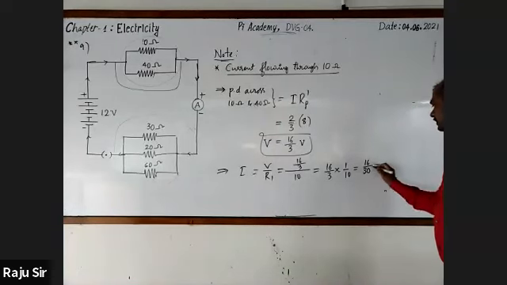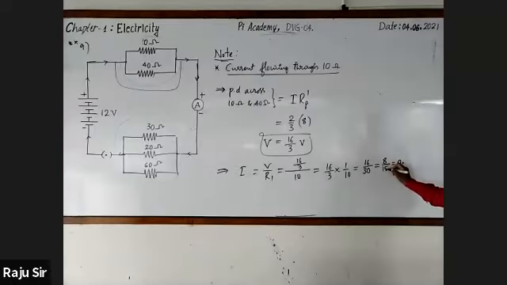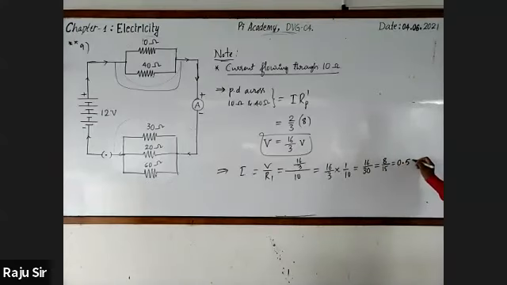We cancel it. 2 8s are 16, 2 15s are 30, so 8 by 15. 0 point, 15 into 5 is 75, 5 will remain again, and so on.